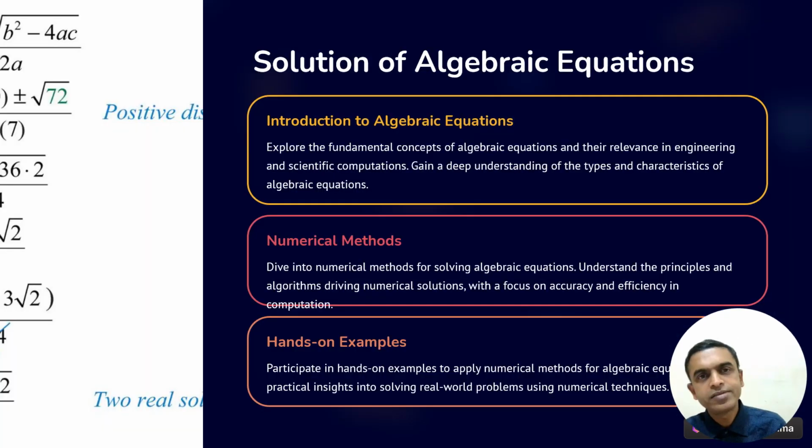Now, which techniques are generally used by engineers or scientists? The first is the algebraic equations. In chemical engineering, when you are doing mass balance, energy balance, writing a simple heat equation for the heat exchanger, and so on, it will form an algebraic equation or a system of algebraic equations, right? So we need to solve these algebraic equations.